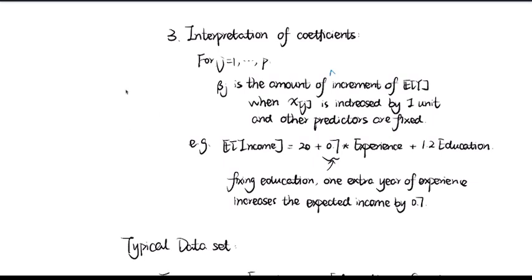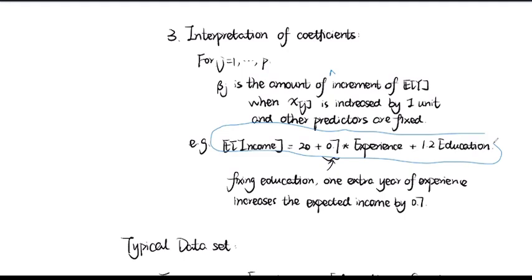And take a look at this. Maybe at the end of the day, when I use my software I arrive at this, which means my estimate of beta naught is 20, estimate of beta 1 is 0.7, estimate of beta 2 is 1.2, and maybe I want to interpret the estimate of beta naught.